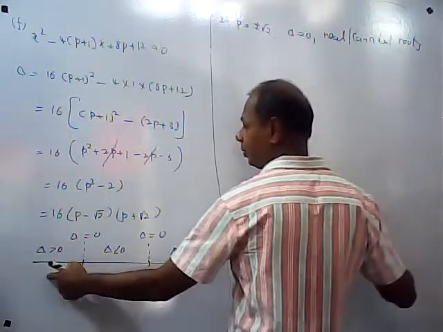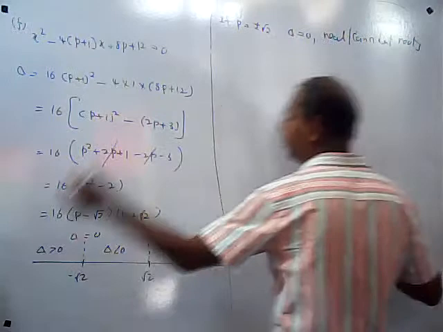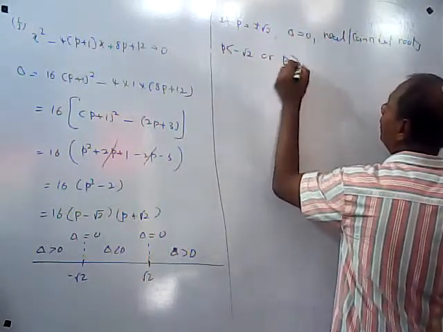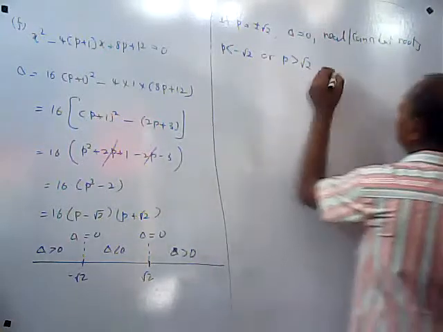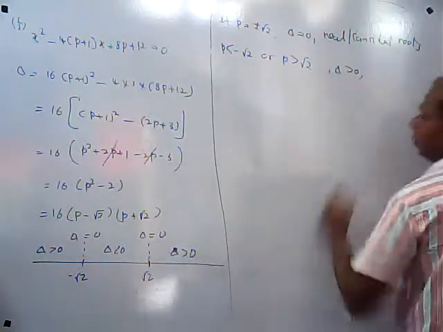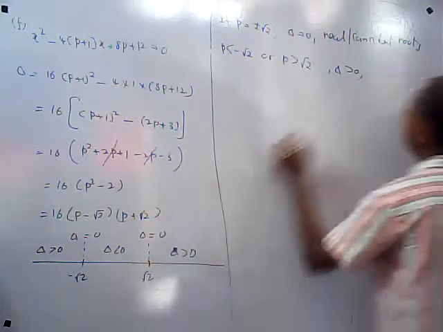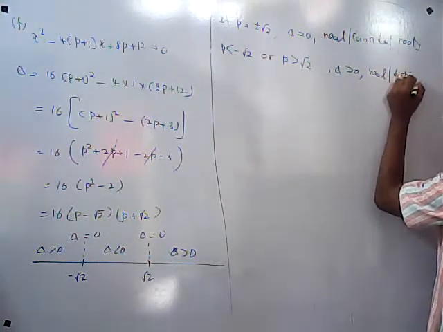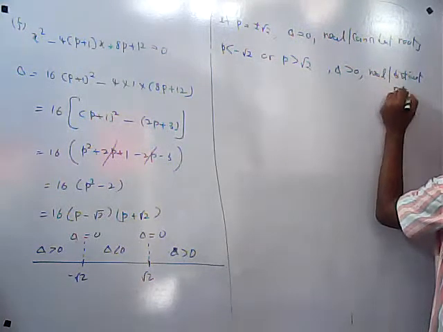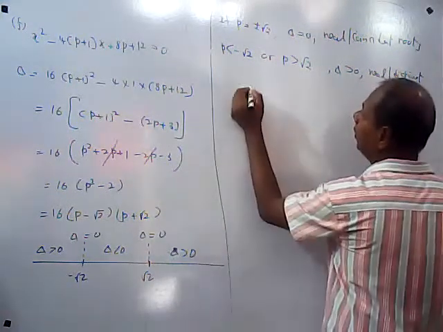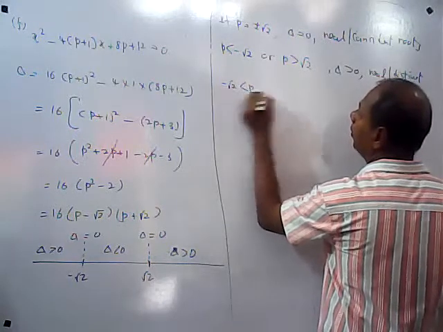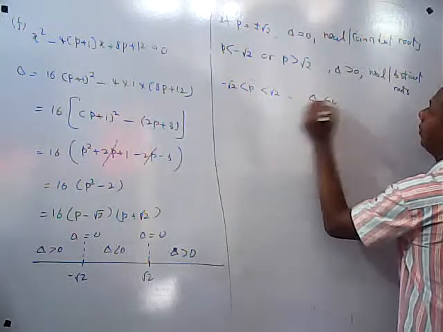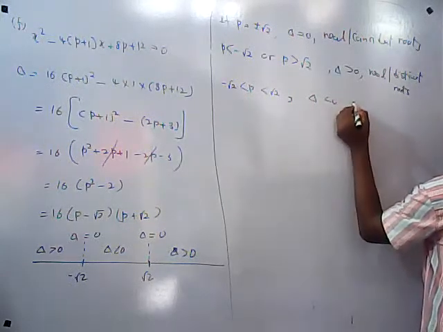On either side, p less than minus root 2 or p greater than root 2, delta is greater than 0, roots are real and distinct. In the middle, delta is less than 0, no real roots.